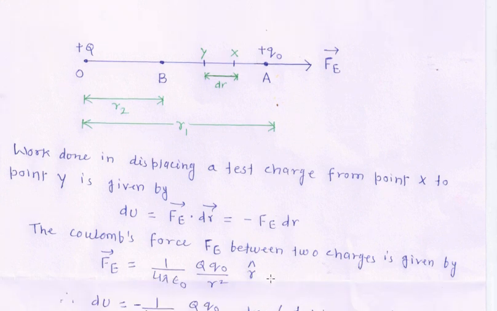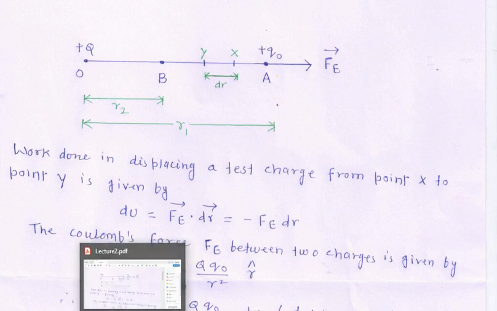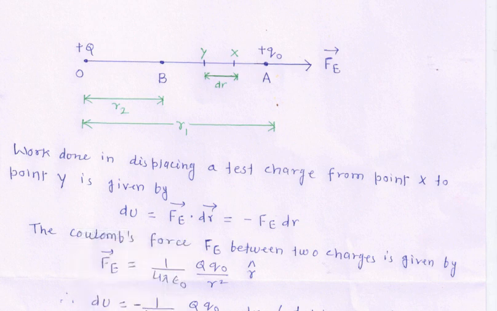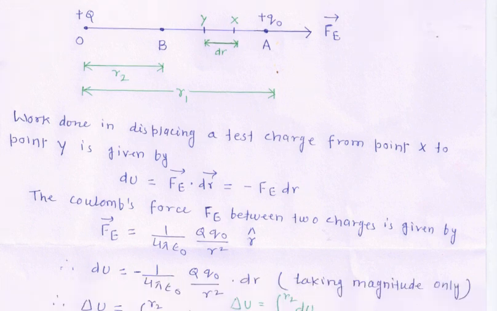We know Coulomb's law. The force of repulsion between the two charges plus Q and plus Q0 is Fe equals 1 upon 4 pi epsilon 0 into Q Q0 upon R square.